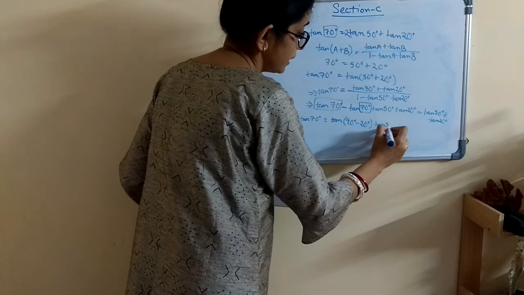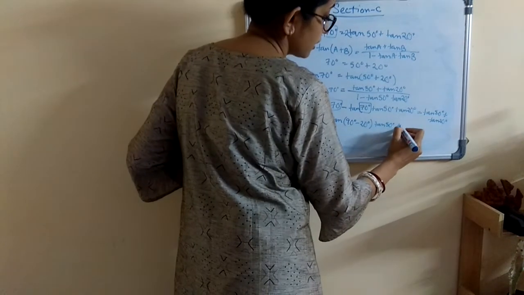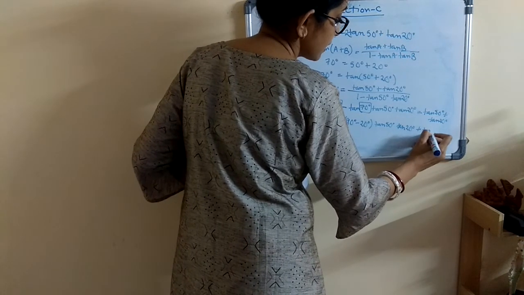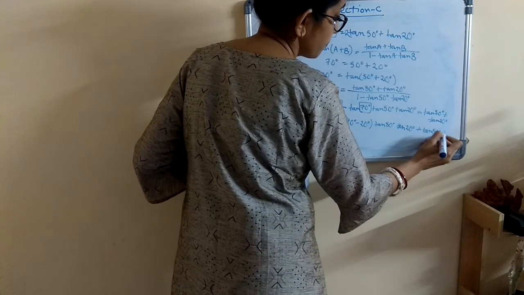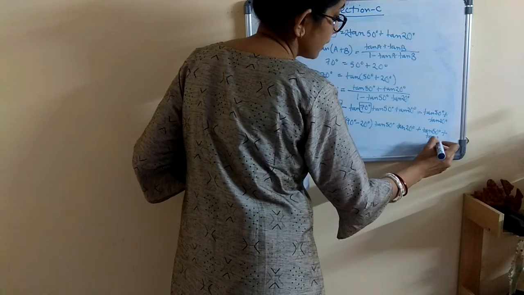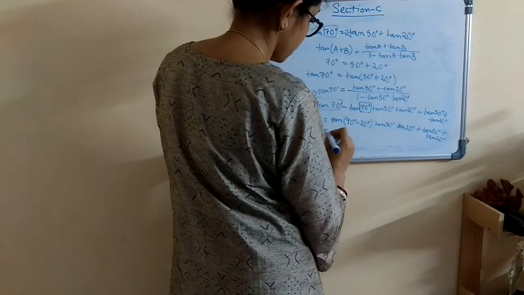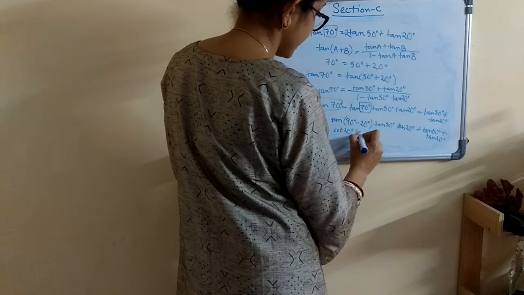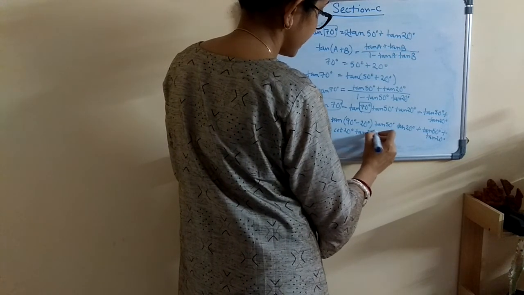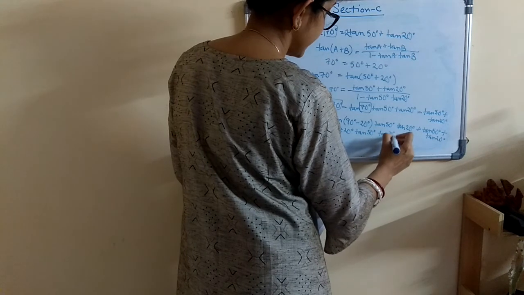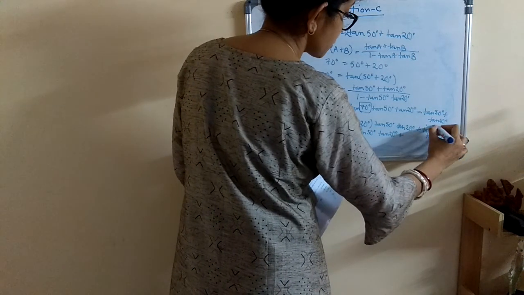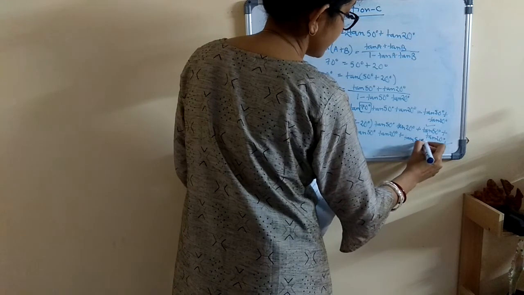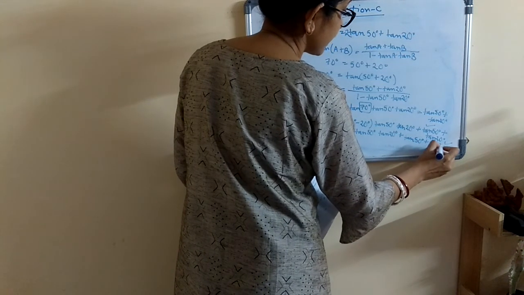Then tan 50 into tan 20 plus tan 50 plus tan 20. So tan(90 - 20) is cot 20 into tan 50 into tan 20, plus these two will remain the same, that is tan 50 plus tan 20.